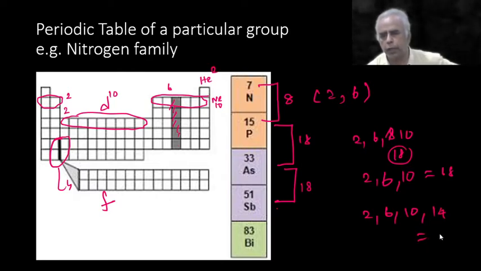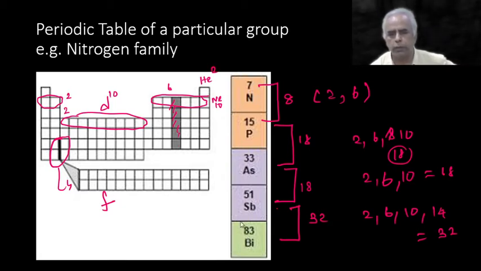So you have to add 32 essentially. So add 32, so that you can get 83. So likewise, by knowing the atomic number of the first element, you can find out the atomic number of the remaining elements.